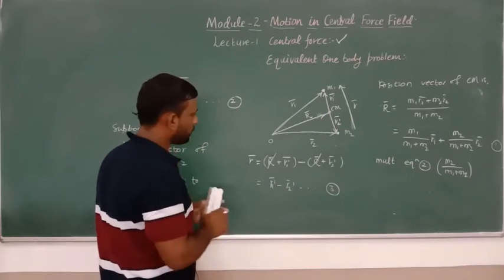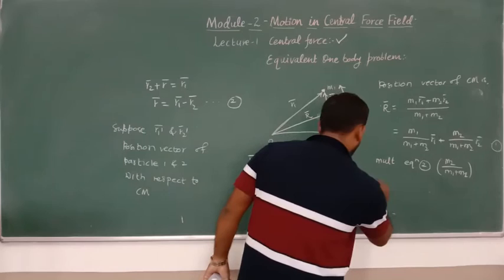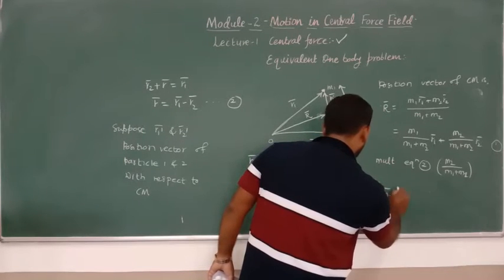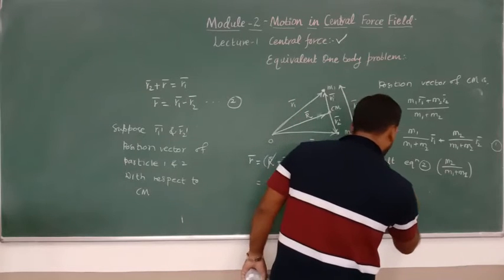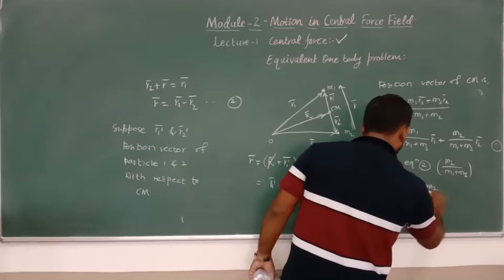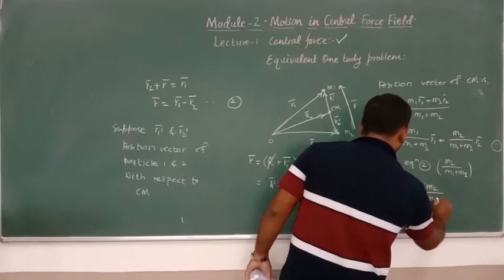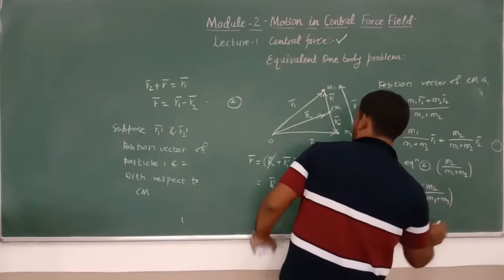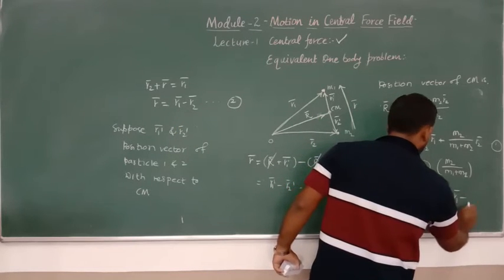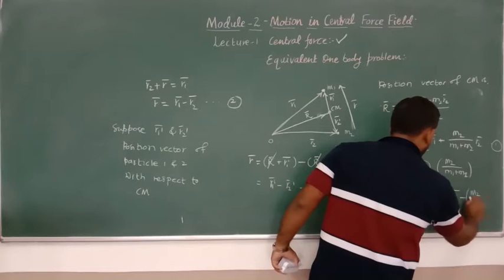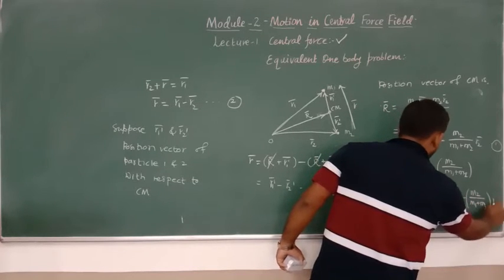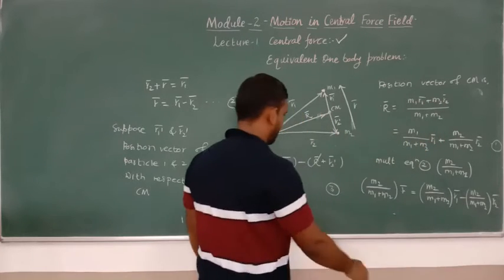how to write this equation 2? Yes, m2 upon m1 plus m2 into r bar, again m2 upon m1 plus m2, this is r1 bar, minus m2 upon m1 plus m2 r2 bar.